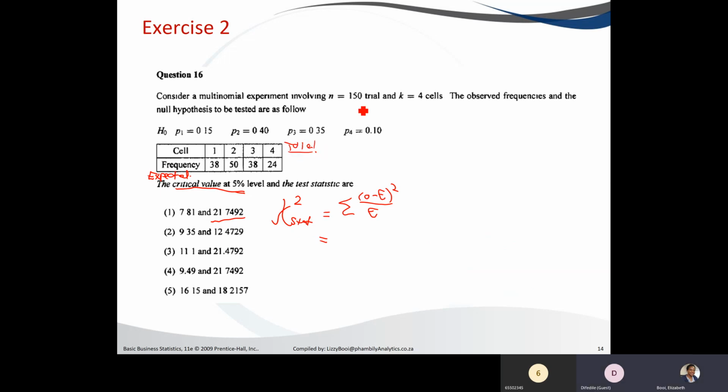But we know what the total is. It's 150. So I already said 38 plus 50 plus 38 plus 24 equals 150. So all you need to do is say 0.15 multiplied by 150, and that will give you your expected value.